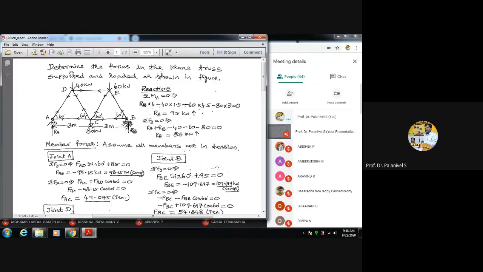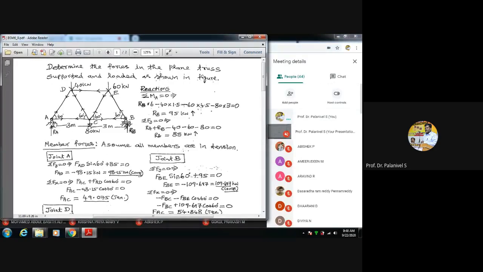From A to this is 1.5. That's why minus 40 into 1.5. Minus 60. The line of action of 60 is here, so 60 into 4.5, minus 80. 80 is here. Minus 80 into 3. The perpendicular distance is 3 meter. Is equal to 0. Therefore, RB equal to 95 kilonewton.